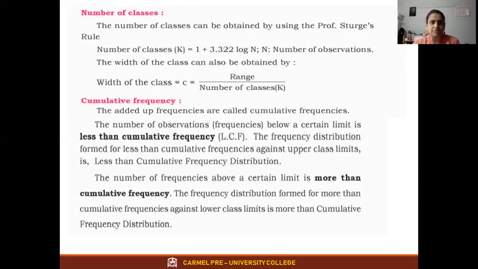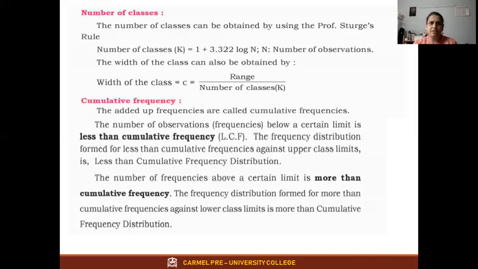frequency distribution. Now to find how many classes we need to have, how many class intervals. Again, I'm reminding you, when we say number of classes, it means number of class intervals. So don't get wondering what this classes is. Classes means class interval.